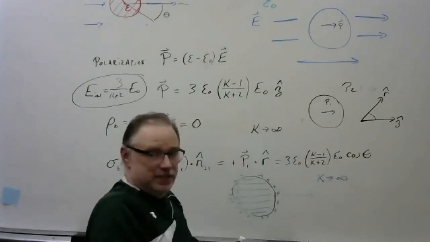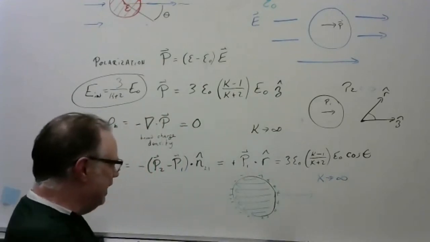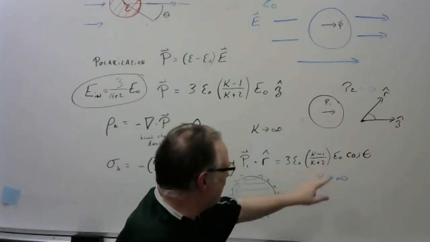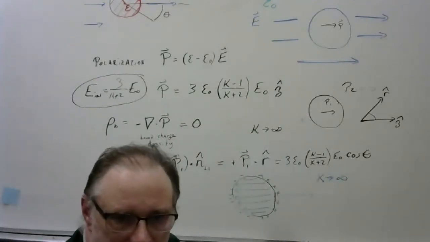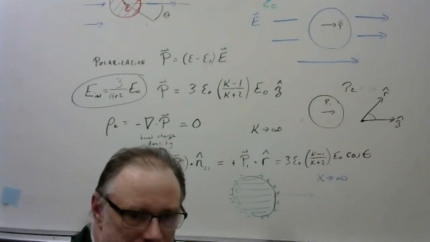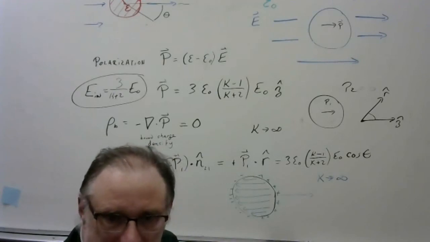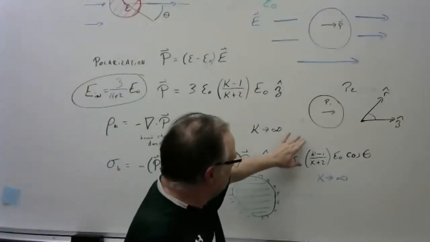As kappa goes to infinity, what happens to this number? What's the limit of that thing? Your leading terms here are kappa over kappa.